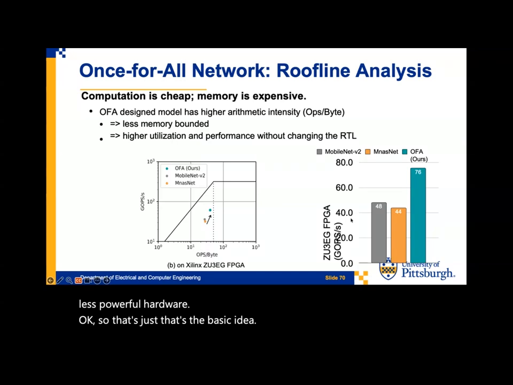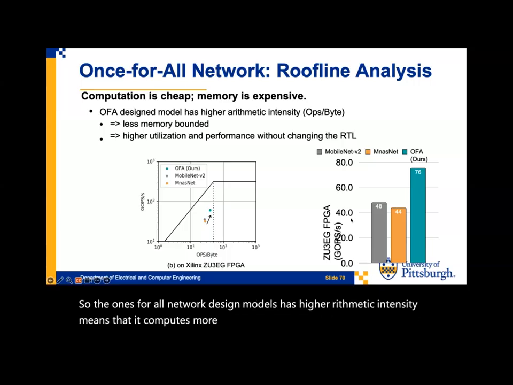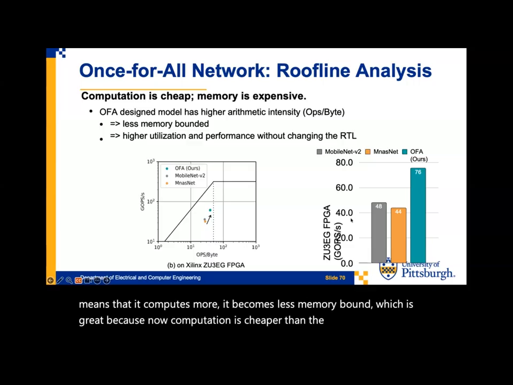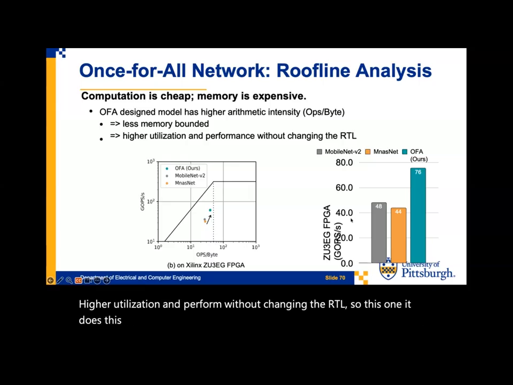So the once-for-all network design models have higher arithmetic intensity, which means that it computes more. It becomes less memory bound, which is great because now computation is cheaper than the memory access. Higher utilization and performance without changing the RTL. This one is for this Xilinx FPGA. This is the giga operations per second.